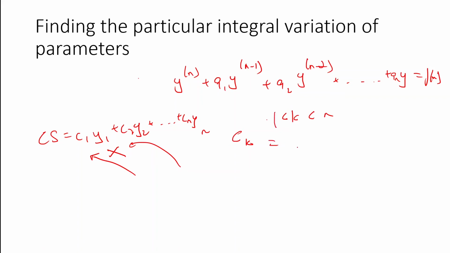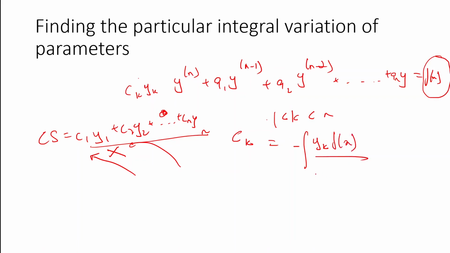Ck is equal to negative integral of yk, the kth solution written here, times this function f of x, divided by the Wronskian of these solutions y1, y2 up till yn. So the Wronskian of the entire solution set of y, and this is for the kth function.